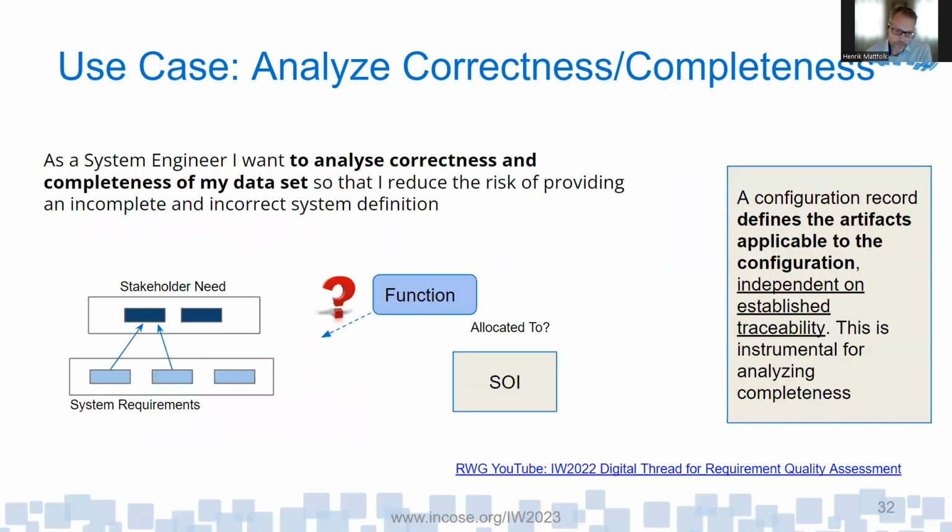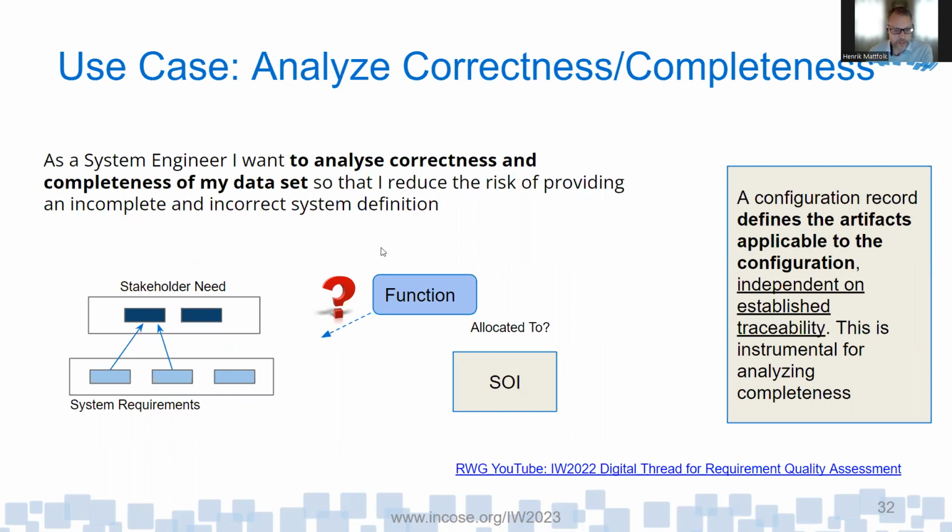That was basically what I talked about last year, when we looked at how you can analyze requirement quality by using the relationships between the artifacts, and you had configurations in the background to define what was actually included in a certain configuration.